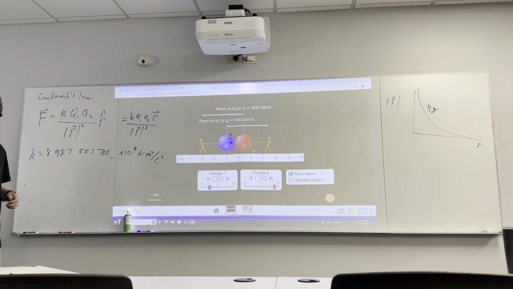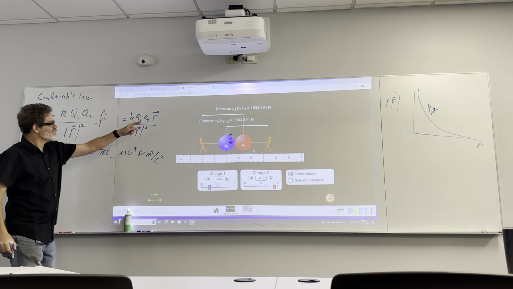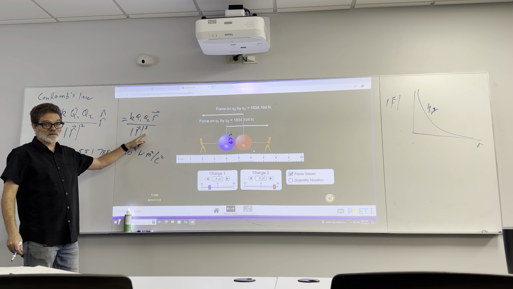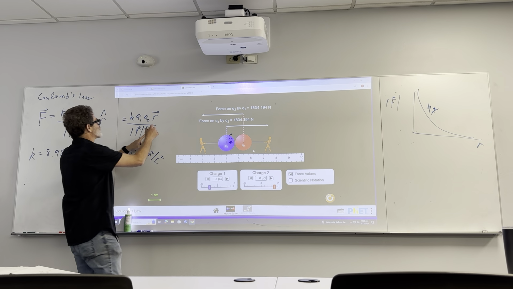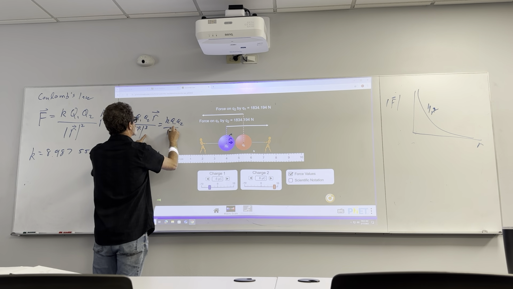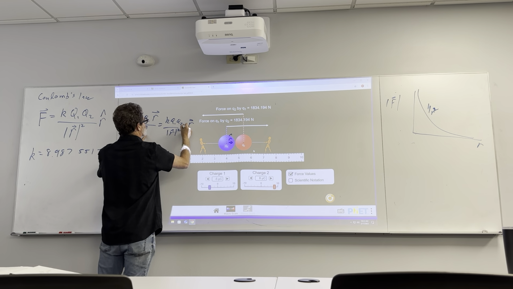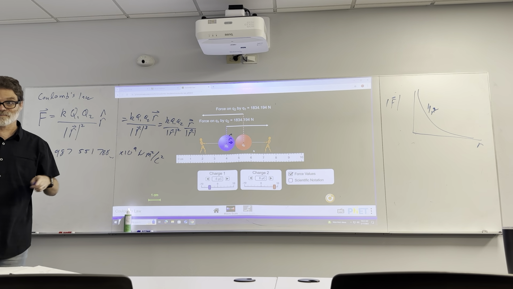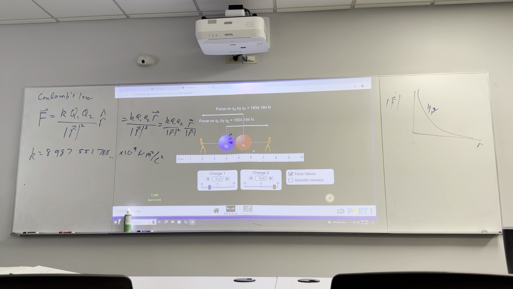Everybody see that? Because what's r vector over one of these r's? That's r hat. I could write this as k q1 q2 over r squared, times r vector over the magnitude of r, and r vector over the magnitude of r is r hat. So you can write it either way, it's the same.